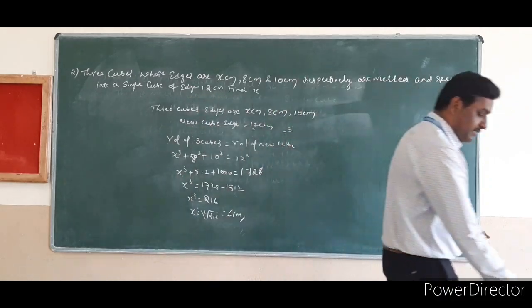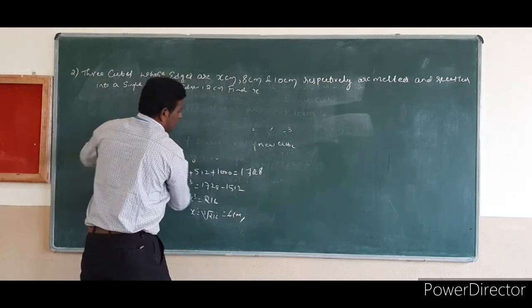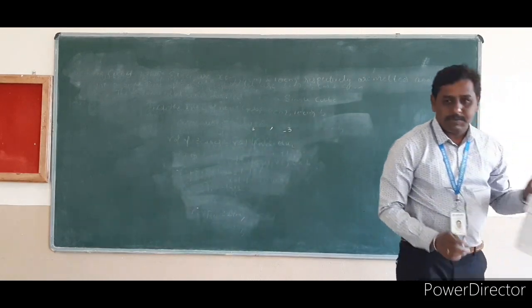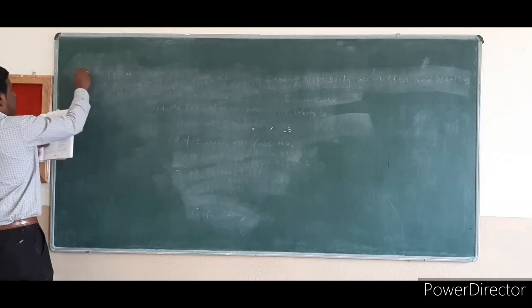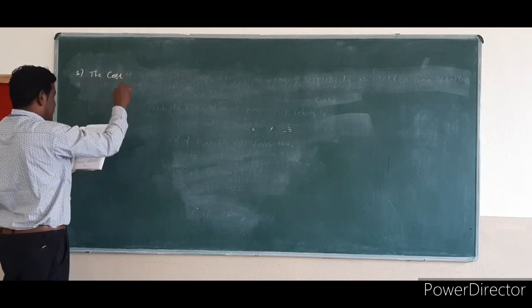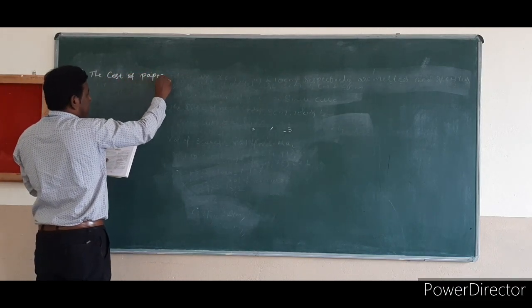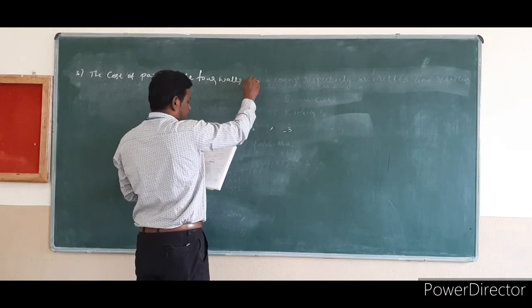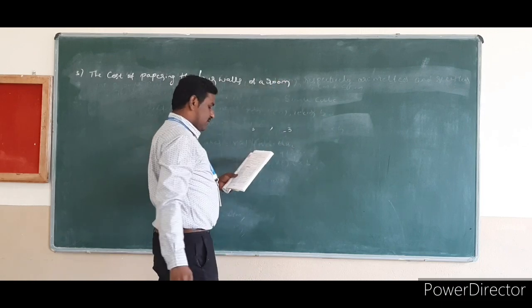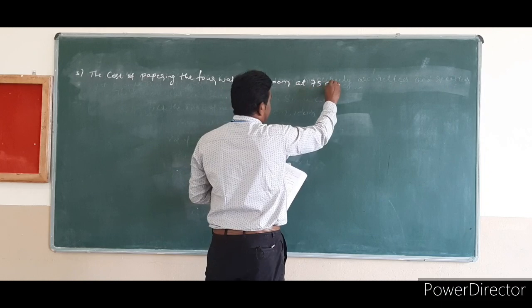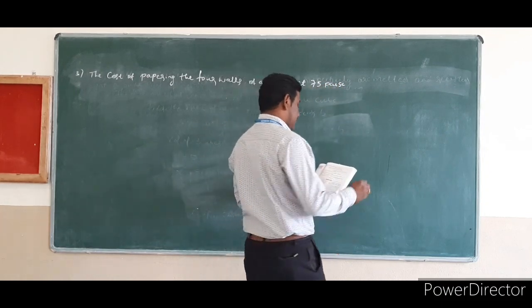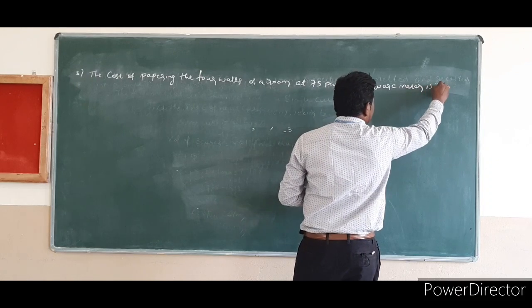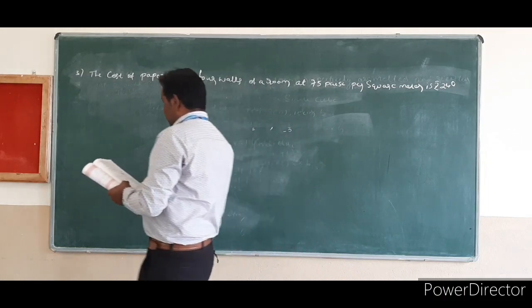And the next problem is: the cost of papering the four walls of a room at 75 paise per square meter is rupees 240.